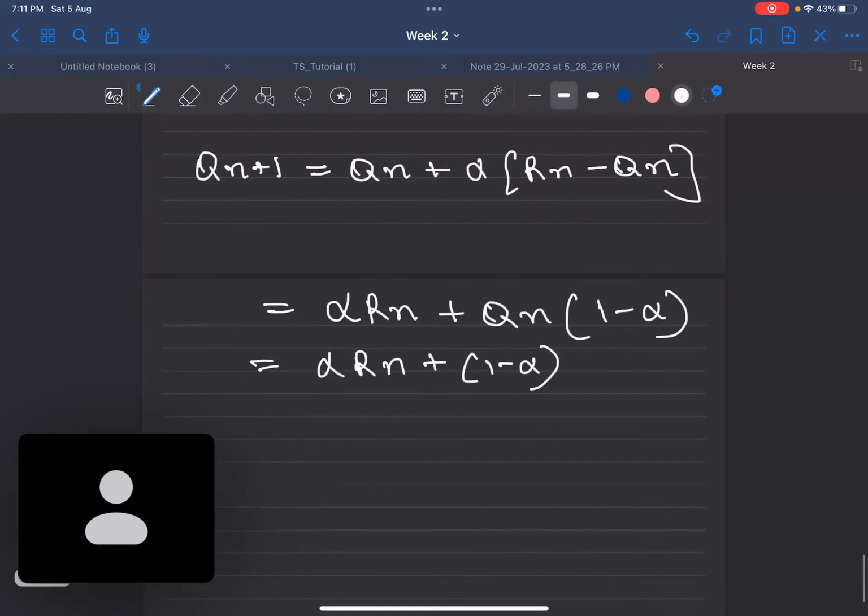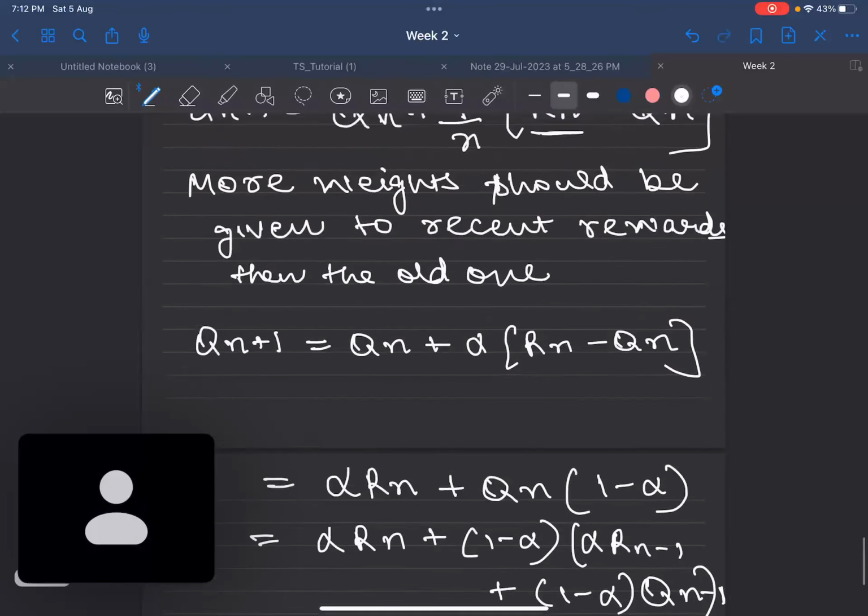Now again, what is Qn? I can say that Qn is alpha Rn minus 1 plus (1 minus alpha) Qn minus 1. Got this?